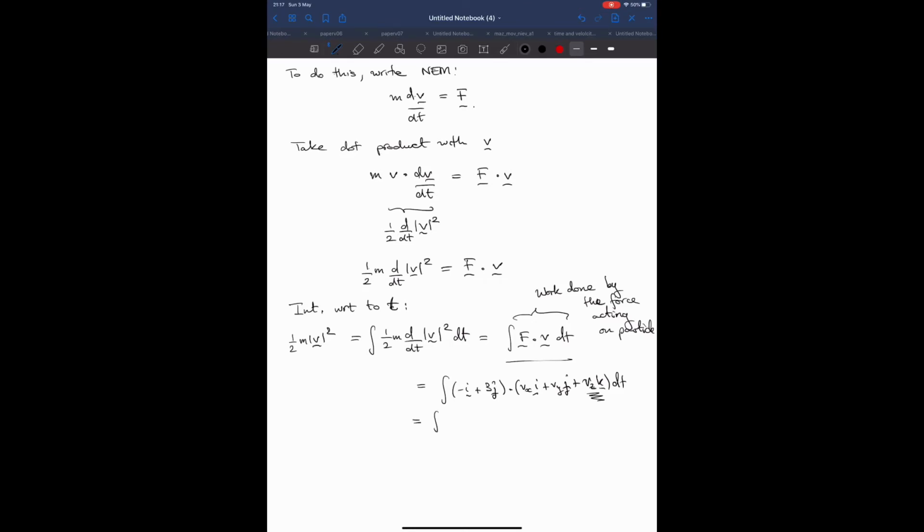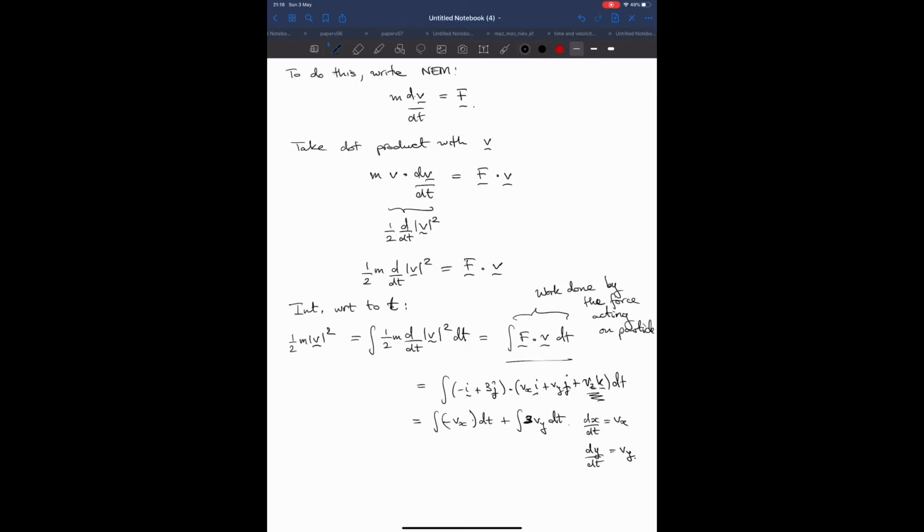After the dot product, I have minus Vx as the first component. In fact, I'm going to skip a few steps. So minus Vx dt plus the integral of 3 Vy dt. Now, remember that dx by dt is Vx and dy by dt is Vy.